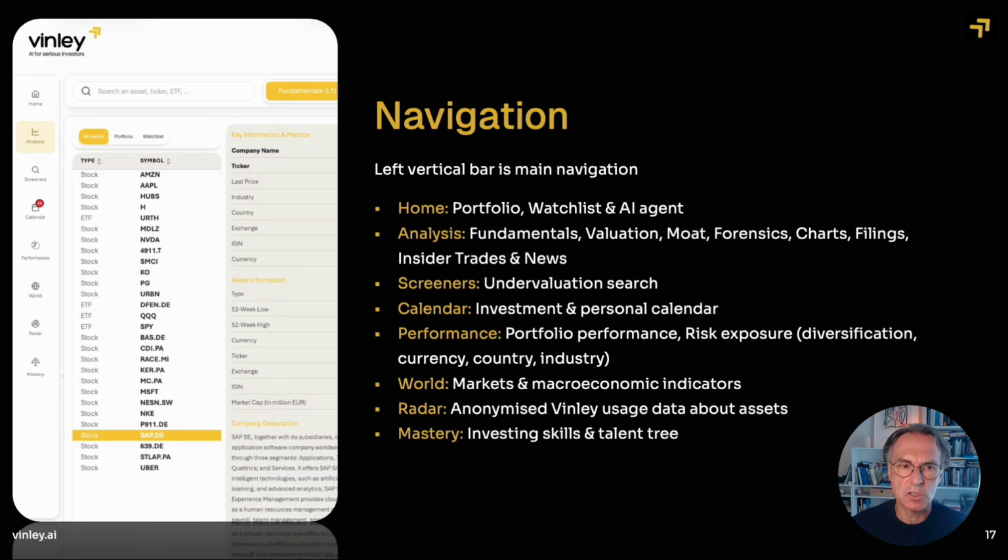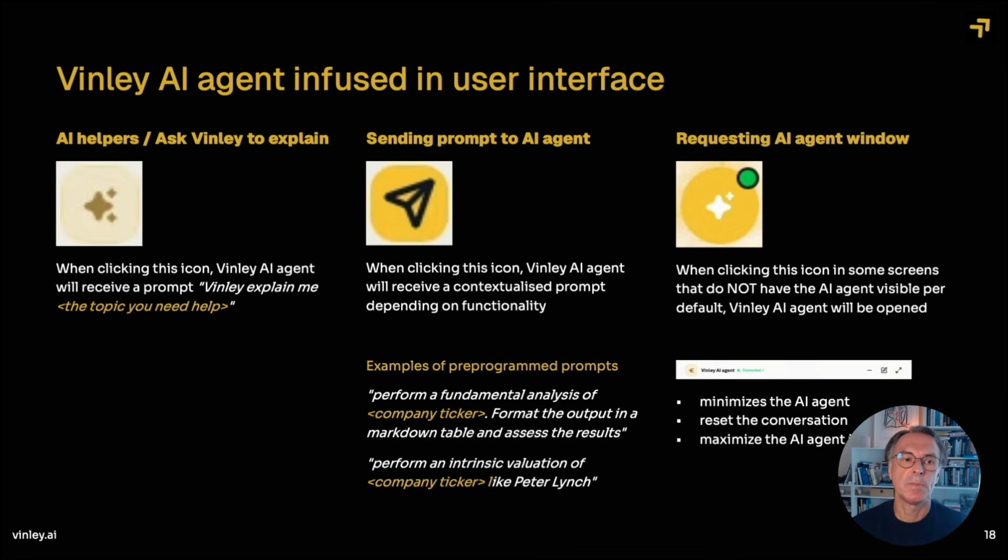So the intention of this Vinley.ai application, enhanced by an AI companion, is really to make your life and your investment journey as productive and efficient as possible. What you will see in the interface as well is what I call AI helpers. AI helpers are icons.